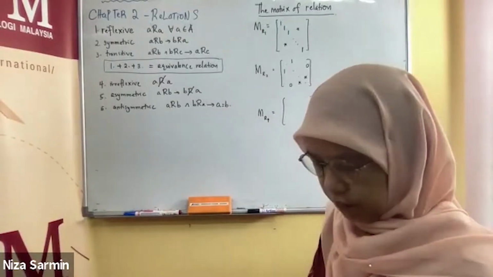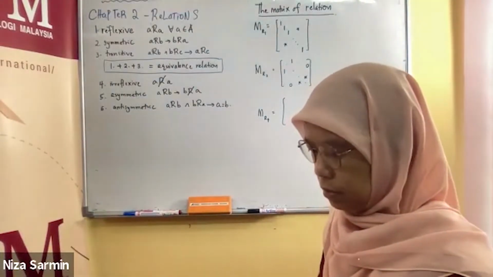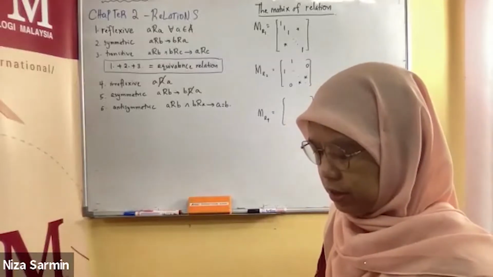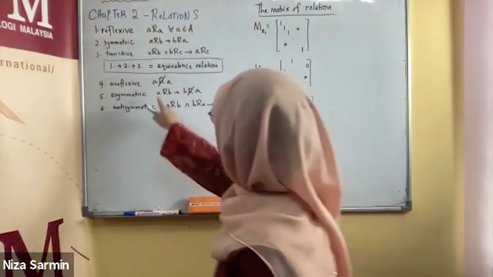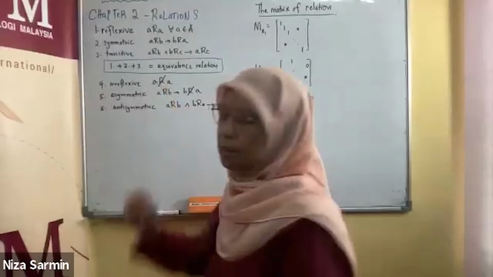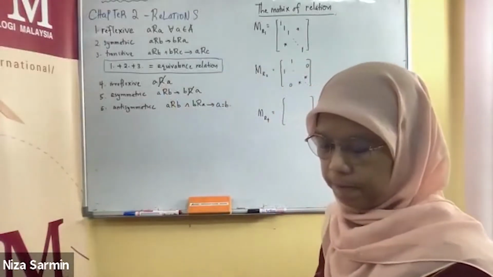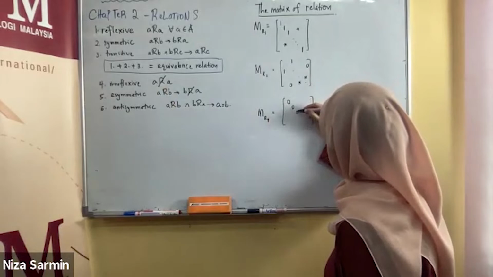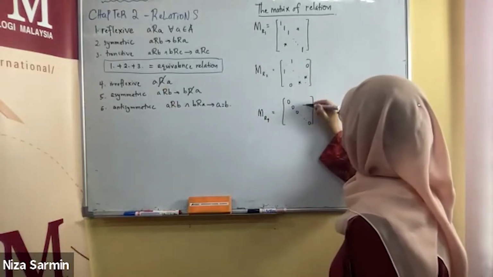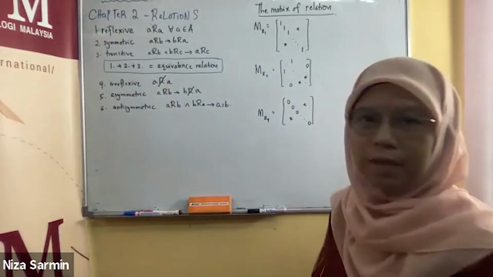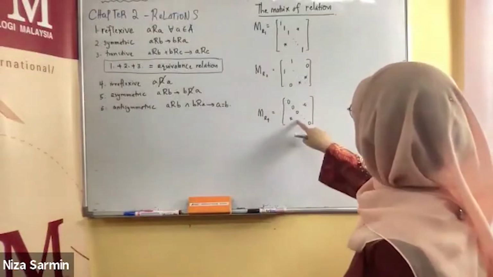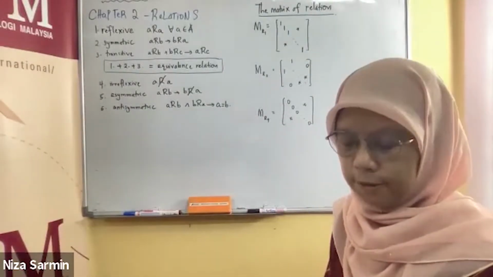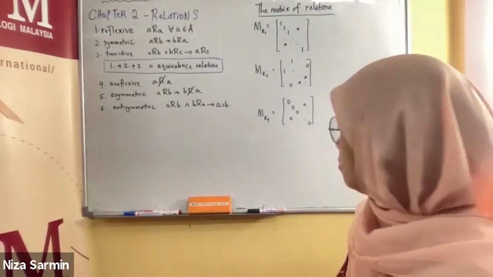For irreflexive, you cannot have ARA, meaning these on the diagonal all have to be 0, and the rest does not matter. Okay? So it's the opposite of reflexive, where the diagonal has to be all ones. That is for irreflexive.